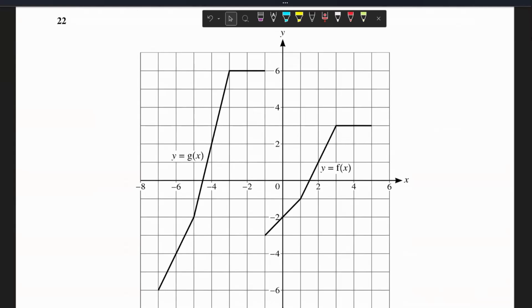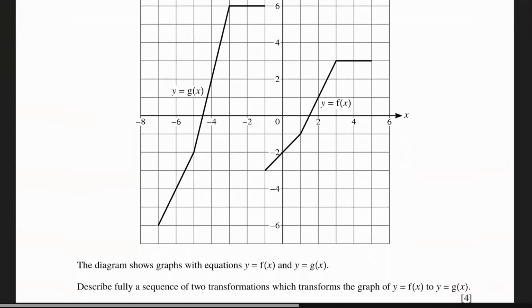And here it is. It says, the diagram shows graphs with equations y is equal to f of x and y is equal to g of x. All right. So describe fully a sequence of 2 transformations which transform the graph of y is equal to f of x to y is equal to g of x.